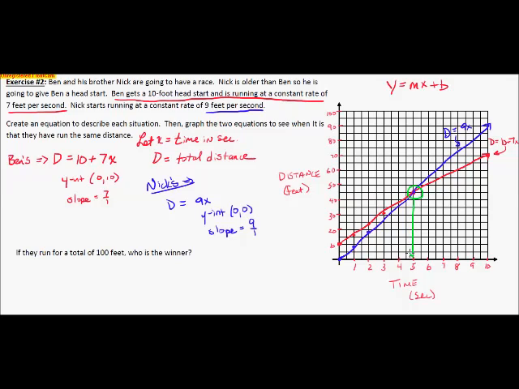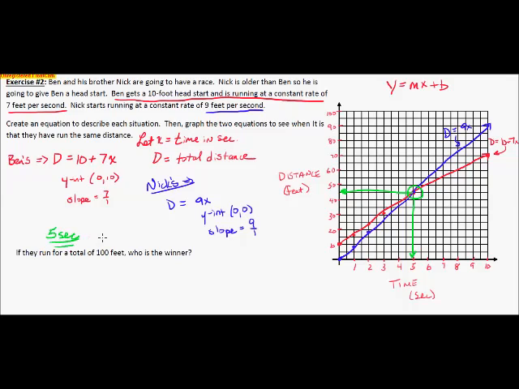That would be 5 seconds in, if I go straight down here, and their distance is going to be 45 feet away. So it says, graph the two equations to see when they have run the same distance. So to answer my question, it is 5 seconds.